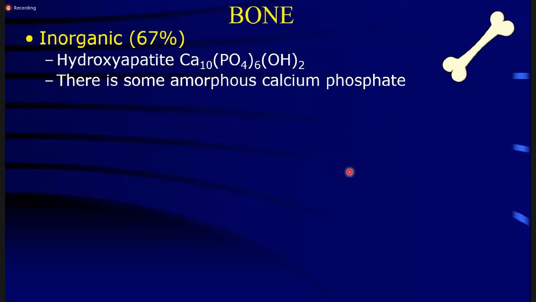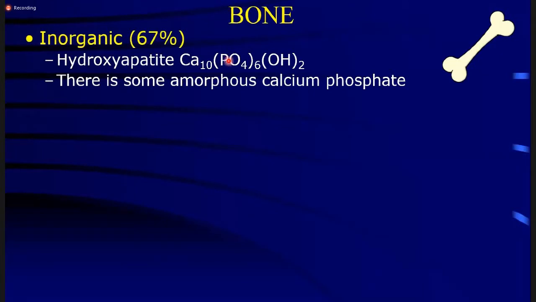There are some other amorphous calcium phosphates as well, but the major calcium phosphate is in the form of hydroxyapatite, which can be written as Ca10(PO4)6(OH)2. It's basically the chemical composition of bone, a crystalline form of calcium phosphate.